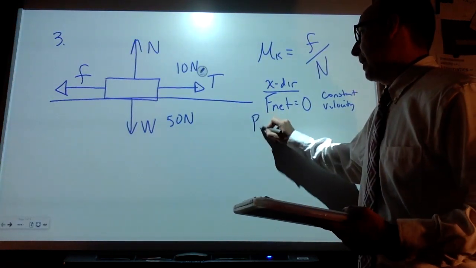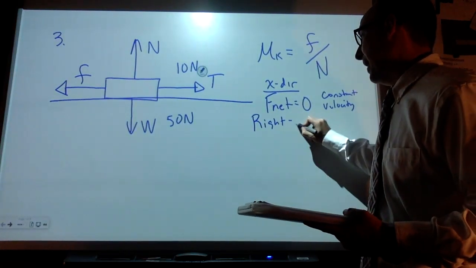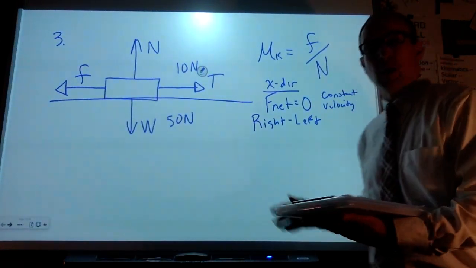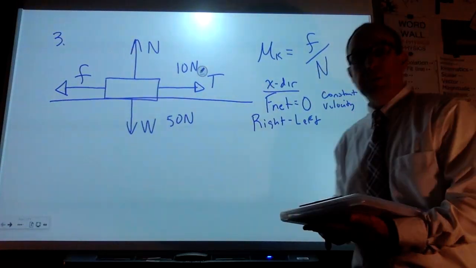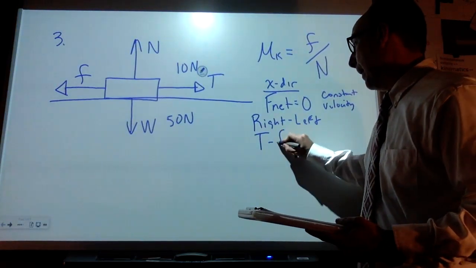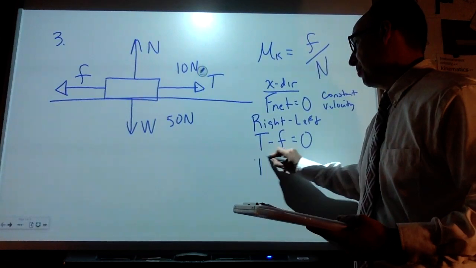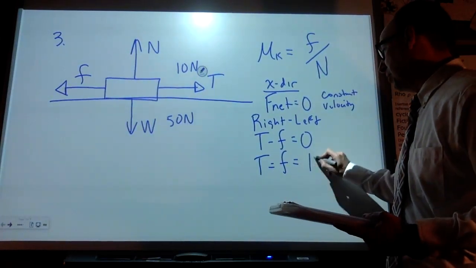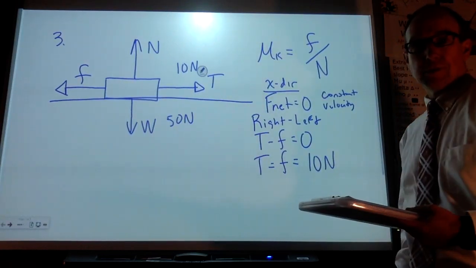So I'm going to take my forces to the right minus my forces to the left. This is the convention in math. We take things that go to the right and up to be positive when we're graphing. So I'm going to have T minus F is equal to 0. So my tension is equal to my friction, which is 10 newtons.